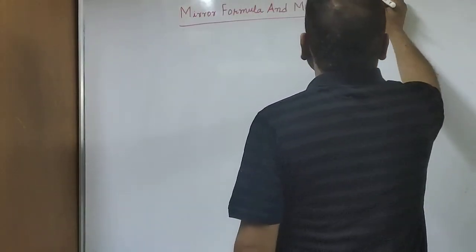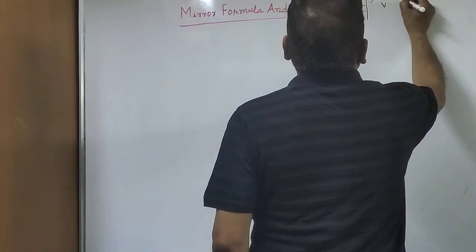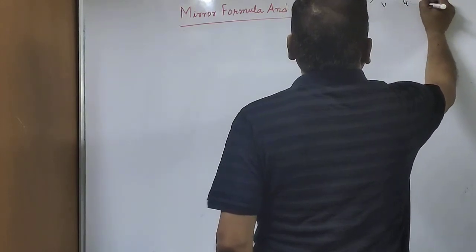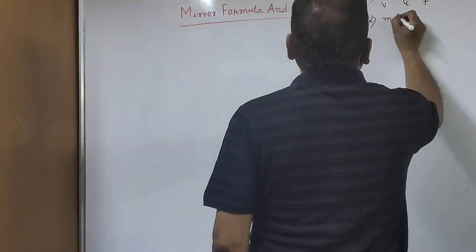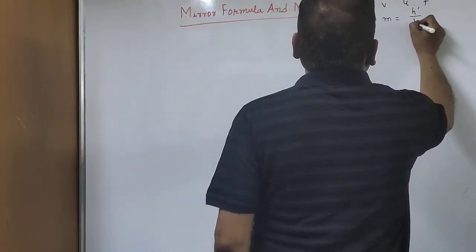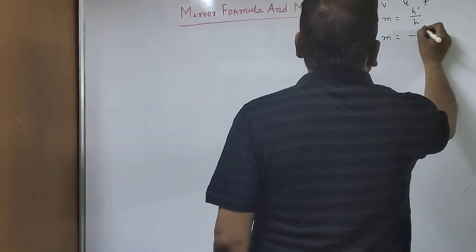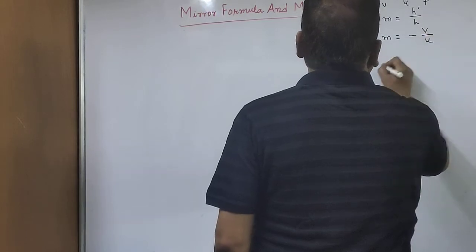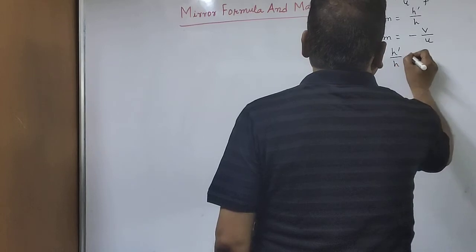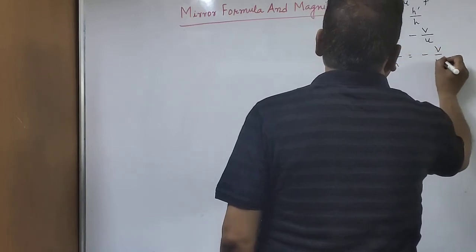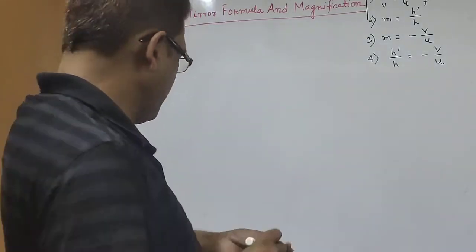First formula: 1 by v plus 1 by u is equal to 1 by f. Second formula: magnification is equal to h dash by h. Third formula: magnification is equal to minus v by u. And fourth, the relation between the two: h dash by h is equal to minus v by u. So these are the 4 important formulas.